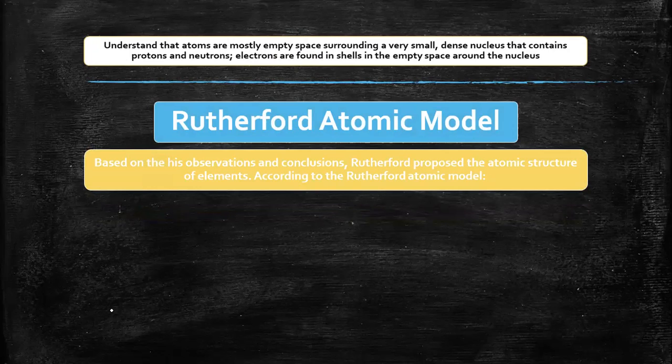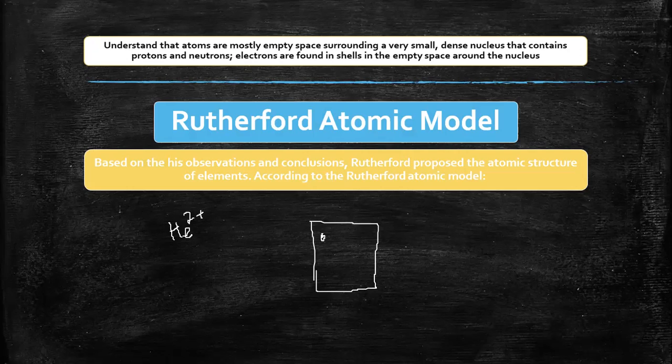Rutherford performed an experiment in which he bombarded alpha particles onto a thin foil of gold sheet. Alpha particles, as you already know, are helium positive ions.